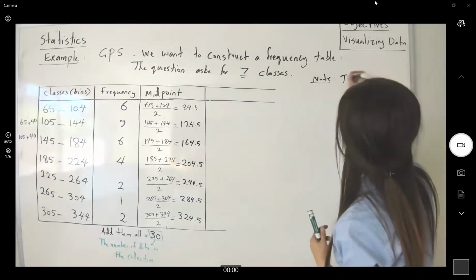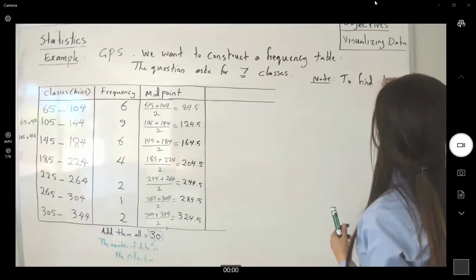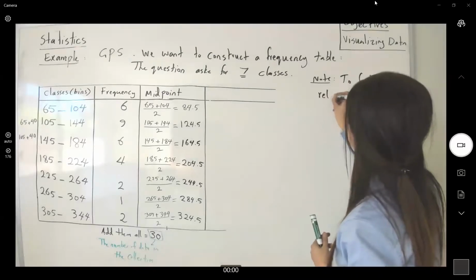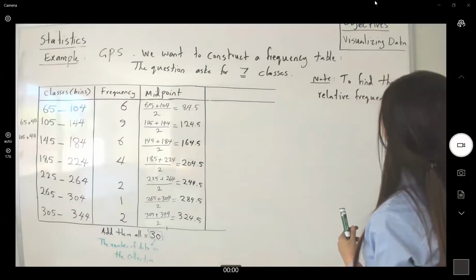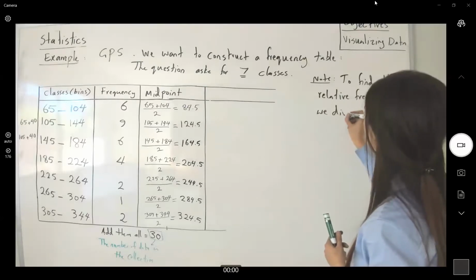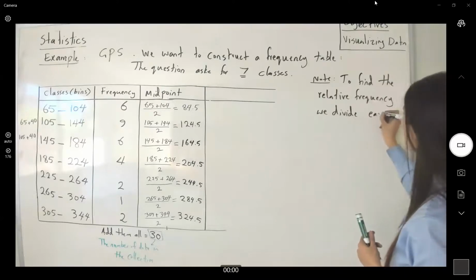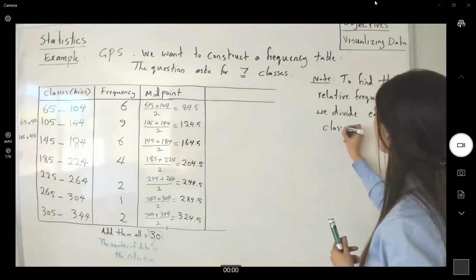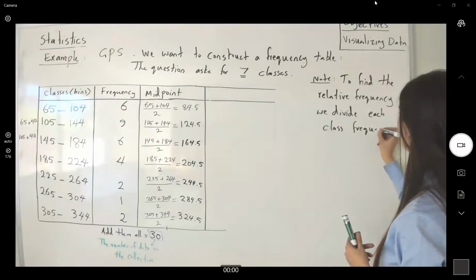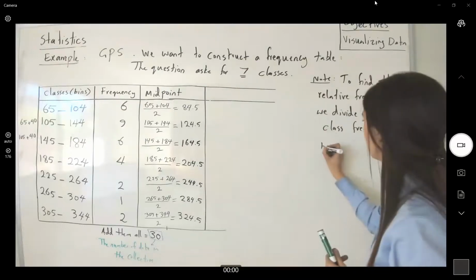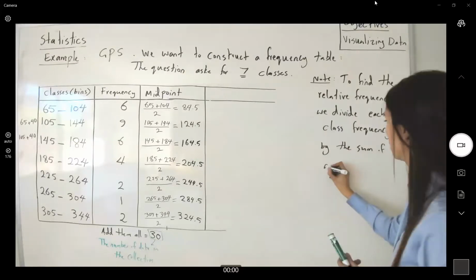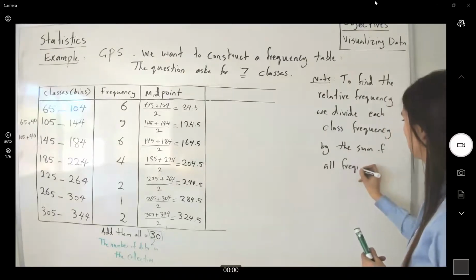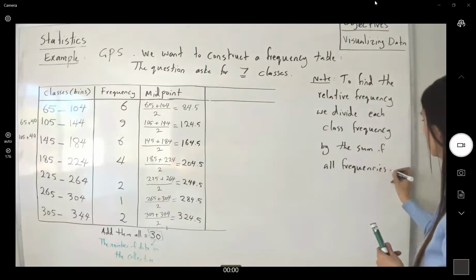Note, to find the relative frequency, we divide each class frequency by the sum of all frequencies.